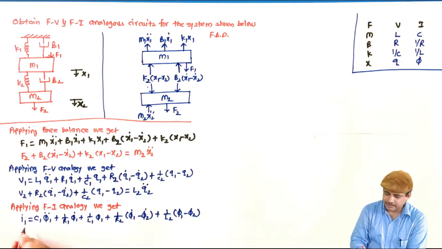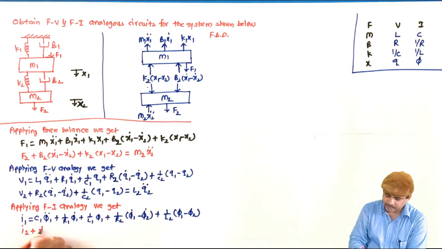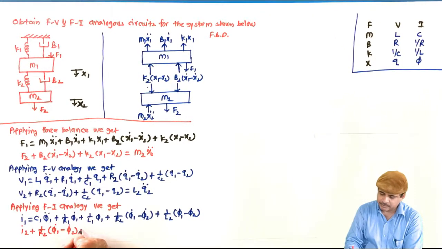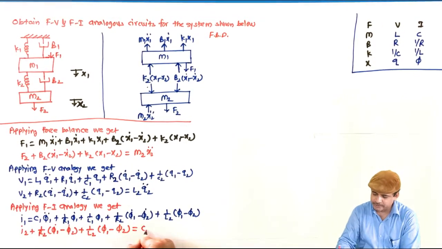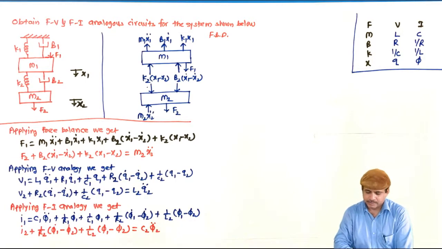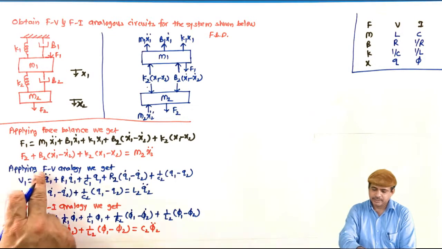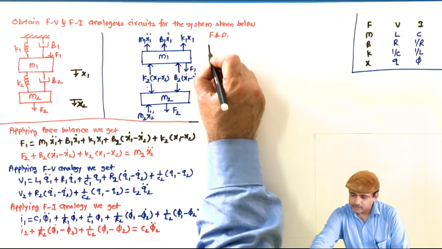The first equation is done. In the second equation it will be I2 plus 1 by R2 (phi1 dot minus phi2 dot) plus 1 by L2 (phi1 minus phi2) for these three, and that is equal to C2 phi2 double dot. Now these equations can be converted into circuit diagrams.